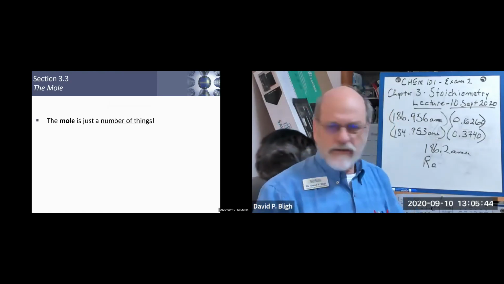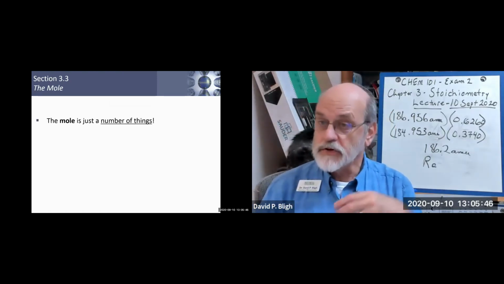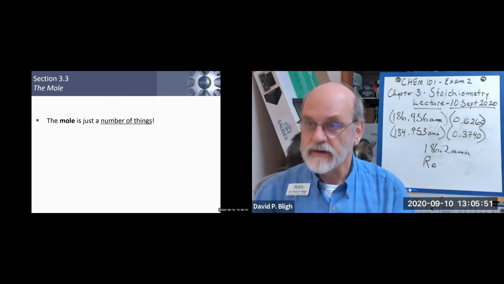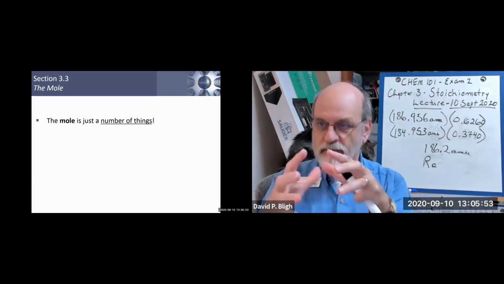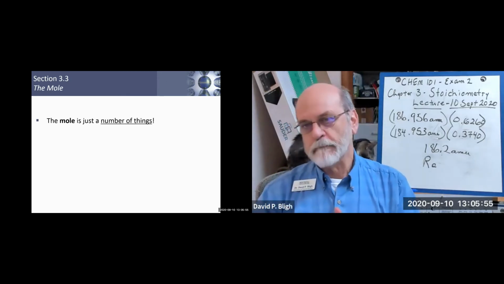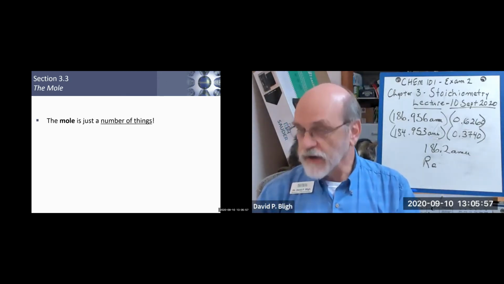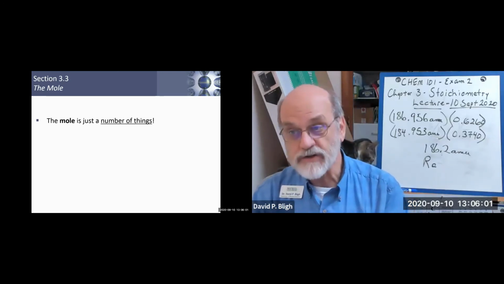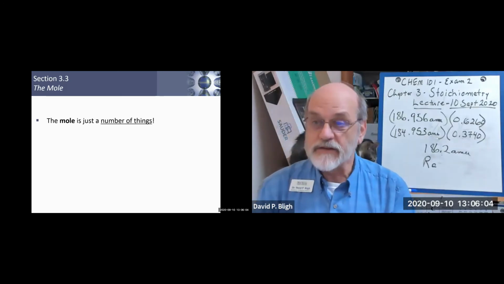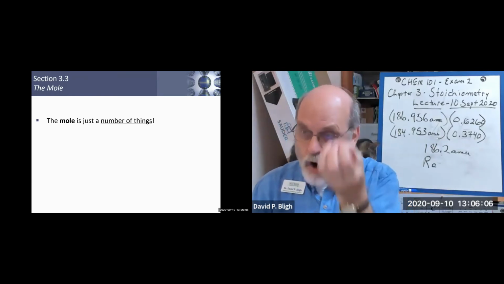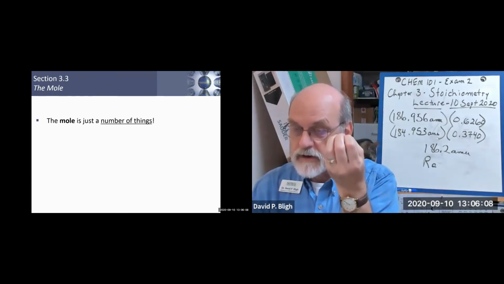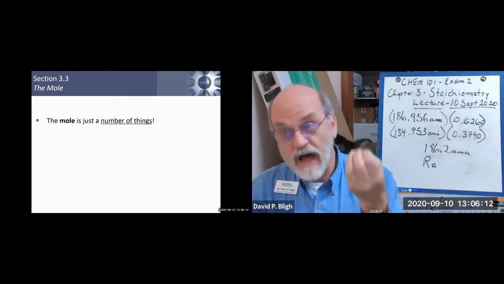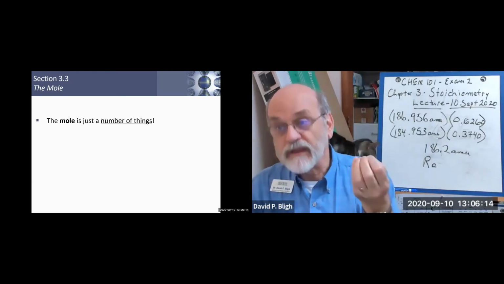Okay, so we need a value to count the number of atoms or the number of things in a collection or a mass that we've determined. Because we know that atoms are very, very small, don't weigh much individually, which means in order to get a large enough number of them to register on our balances, we need lots of them, like billions and billions of them.